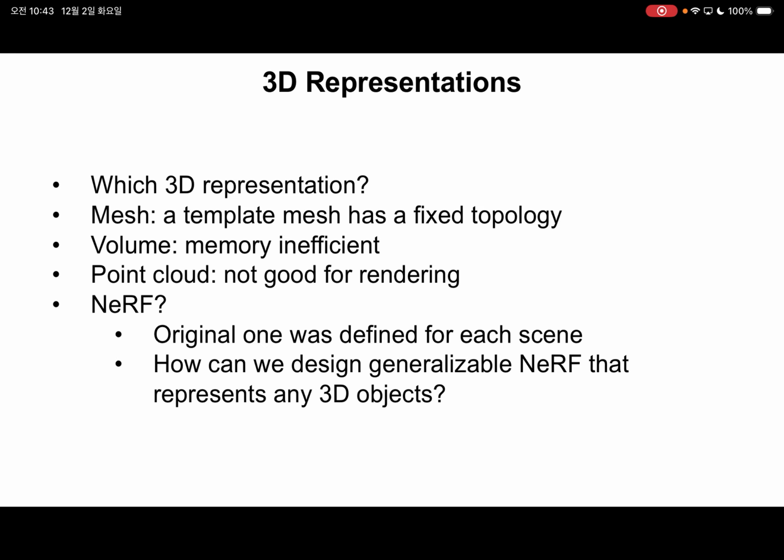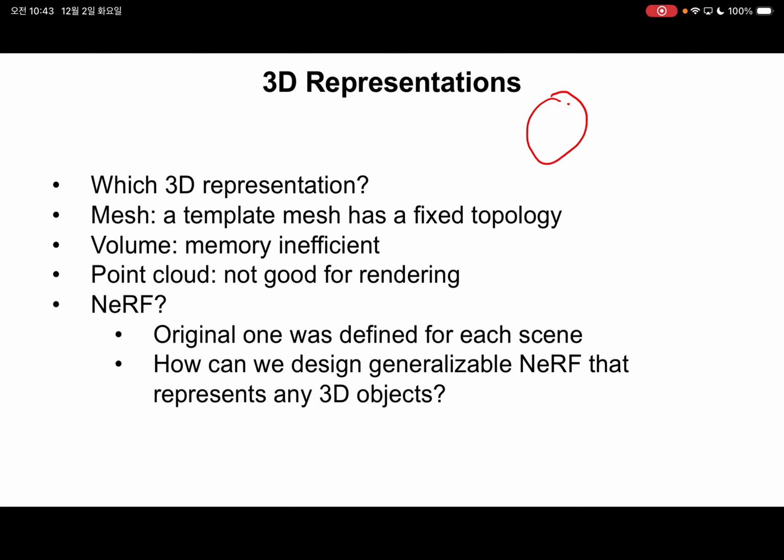So we learned there are various 3D representations, right? Mesh, volume, point cloud, NeRF, there are many 3D representations. Which representation do we need to choose for image-to-3D reconstruction as a discriminative model? Mesh is good, but a template mesh has a fixed topology. We learned, right? So let's say we have a sphere mesh topology.